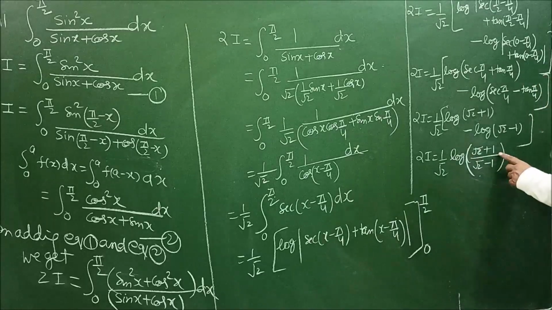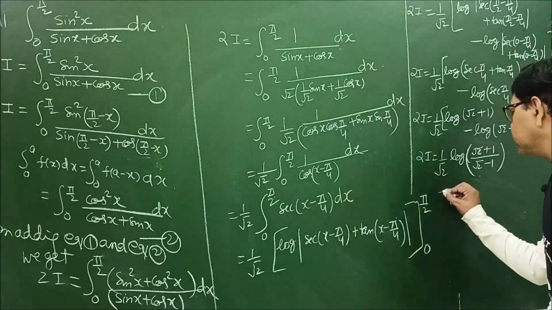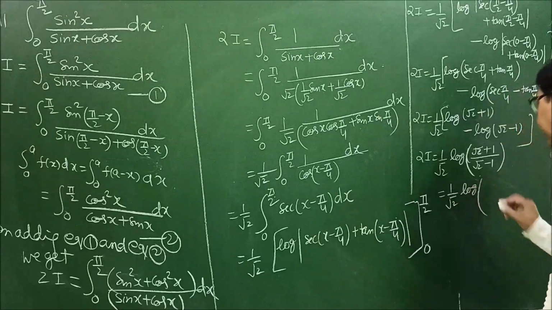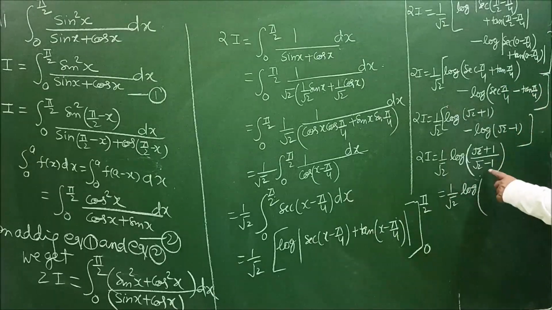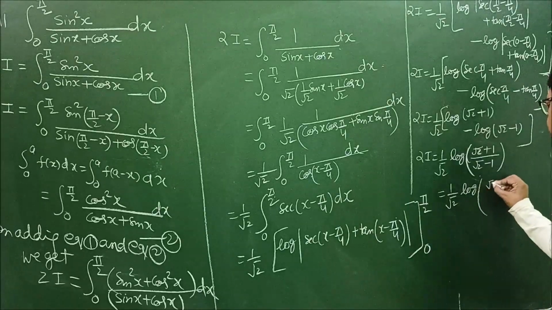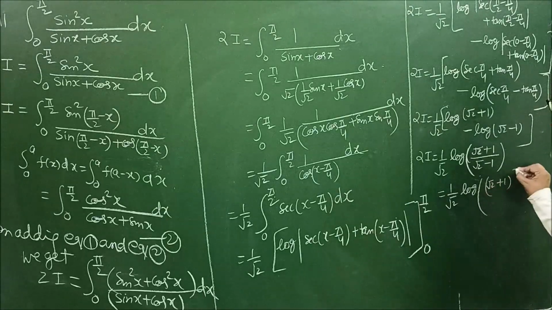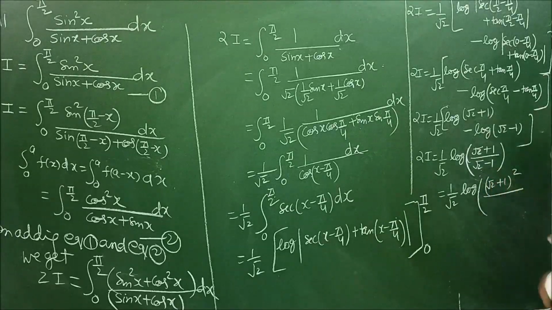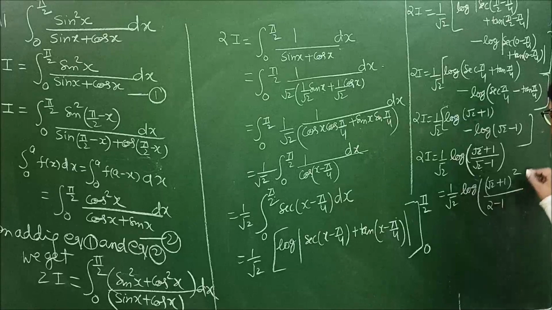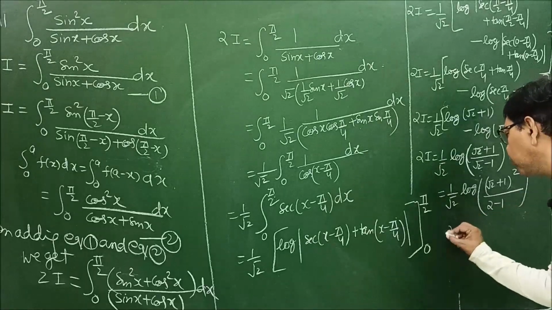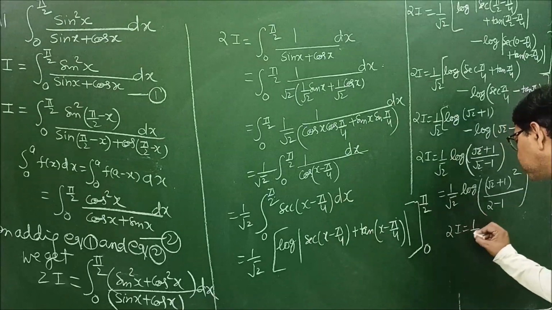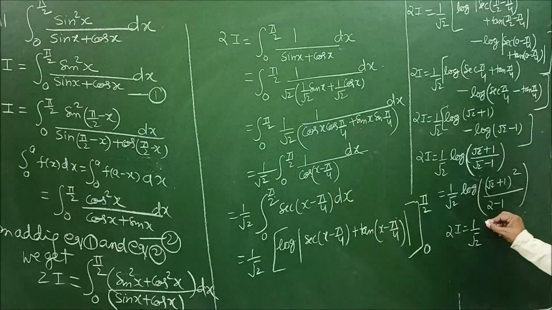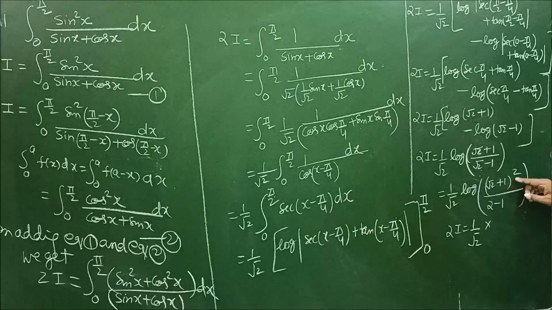Now rationalizing this value, this is equal to 1 upon root 2 log of, multiply by root 2 plus 1 and divide by root 2 plus 1, so root 2 plus 1 whole square, and if we divide by root 2 plus 1, then root 2 minus 1 times root 2 plus 1 is 2 minus 1. So this is equal to 2I is equal to 1 by root 2 and 2 log of root 2 plus 1, using the formula log m raised to the power n.